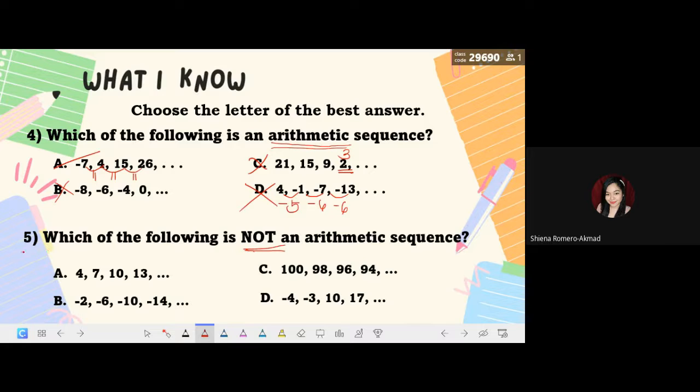How about for number 5? Alin naman ang hindi arithmetic sequence? Madali yan makuha o malaman. Okay, for Teza. Letter D po, ma'am. Bakit ano bang difference sa letter D?